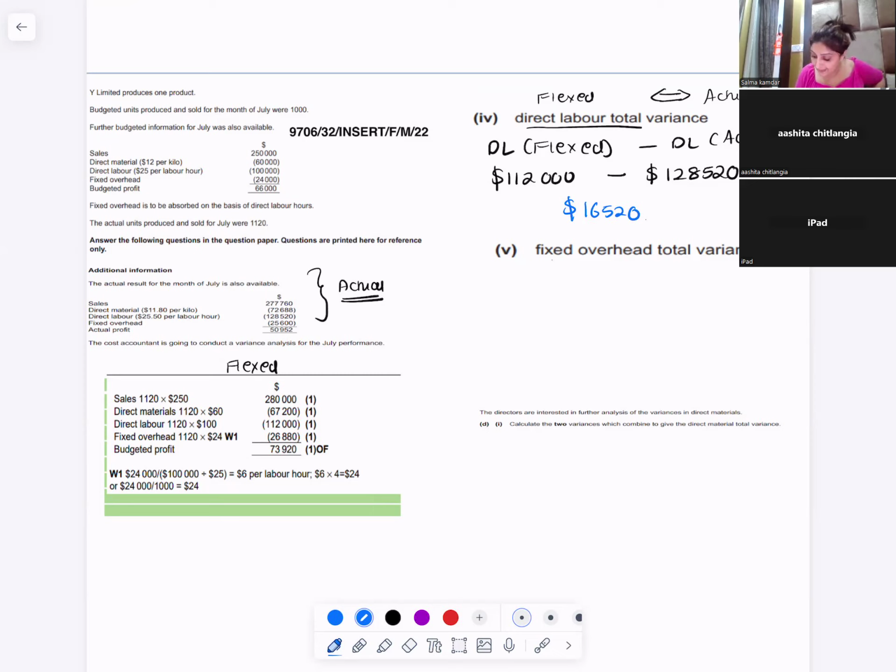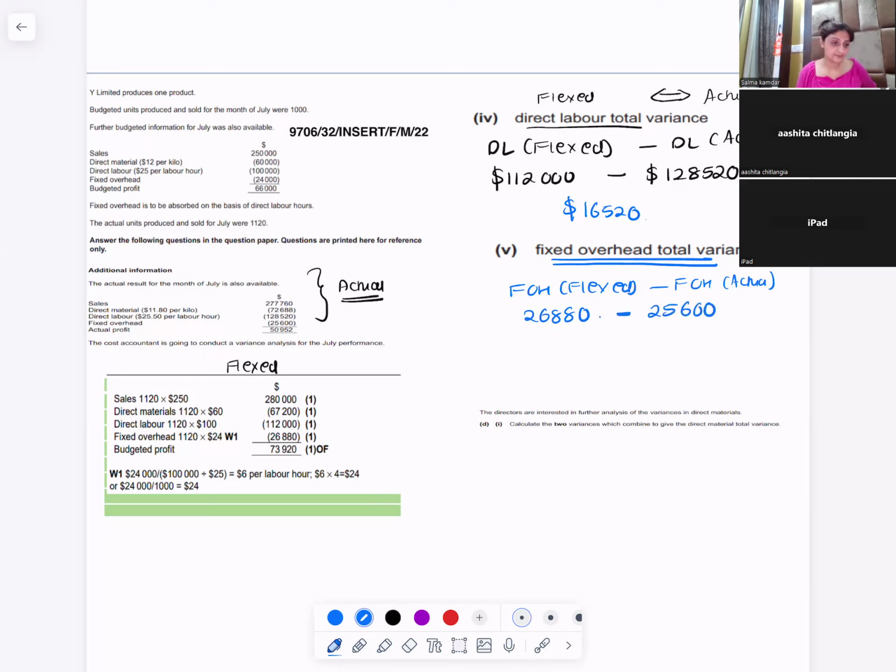Now fixed overhead total variance. In this also, since total has come, you have to directly compare flexed and actual. So fixed overhead as per the flexed budget is 26,880 and in the actual budget it is 25,600.